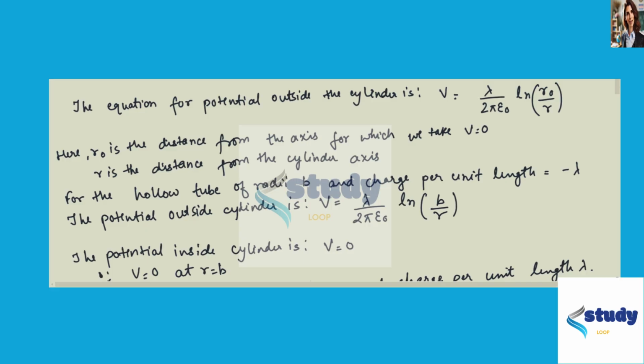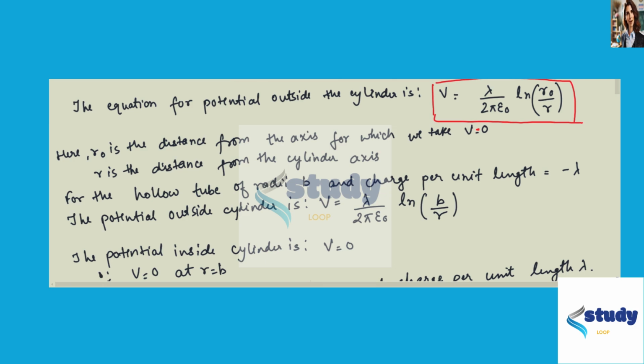The equation for potential outside the cylinder is V equals lambda by 2 pi epsilon ln r naught by r. Here r naught is the distance from the axis for which we take V equals 0, and r is the distance from the cylinder axis.